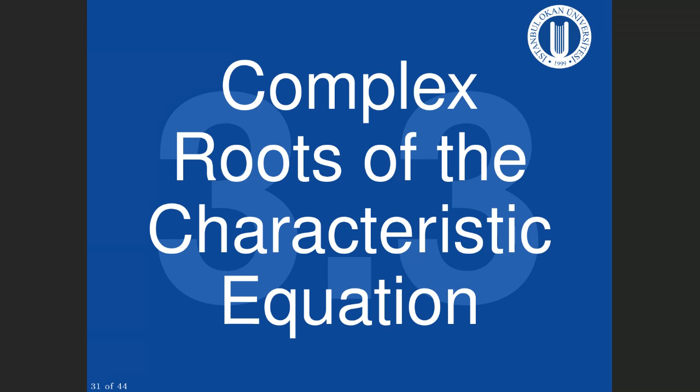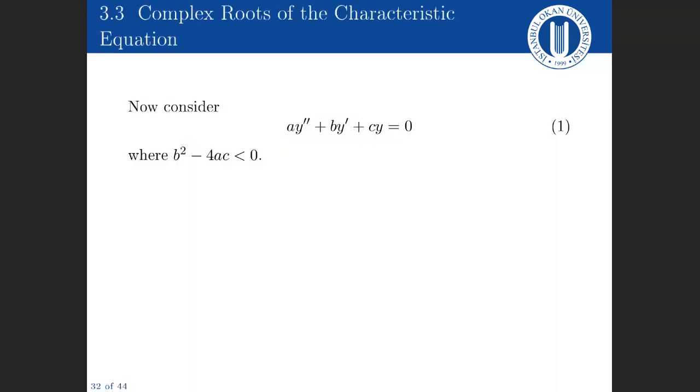Section 3.3 is about complex roots of the characteristic equation. Let's go back to our linear second-order differential equation with constant coefficients. Now, instead of b squared minus 4ac being strictly positive, we're going to be assuming that b squared minus 4ac is strictly negative.